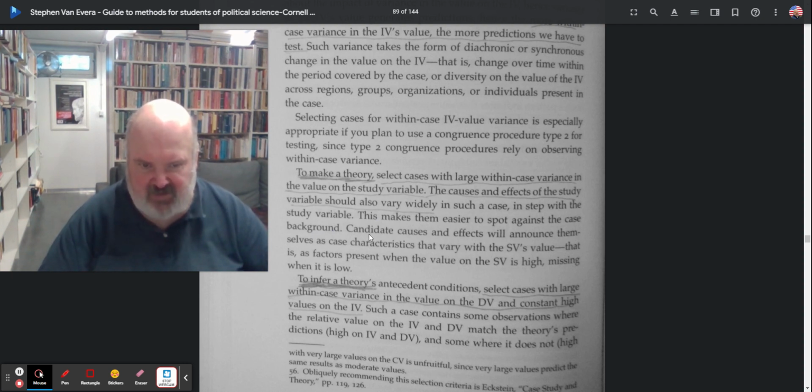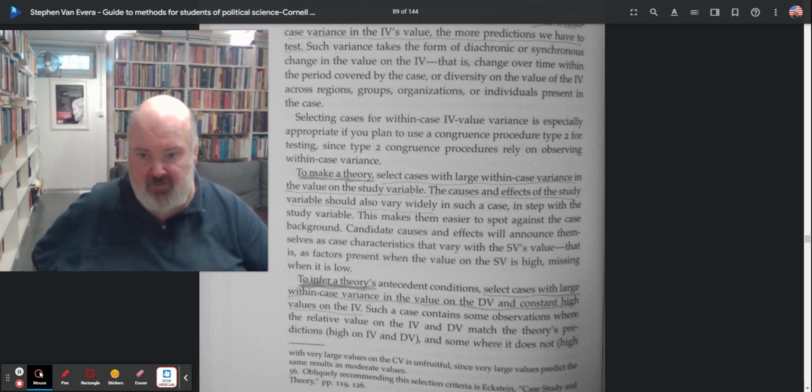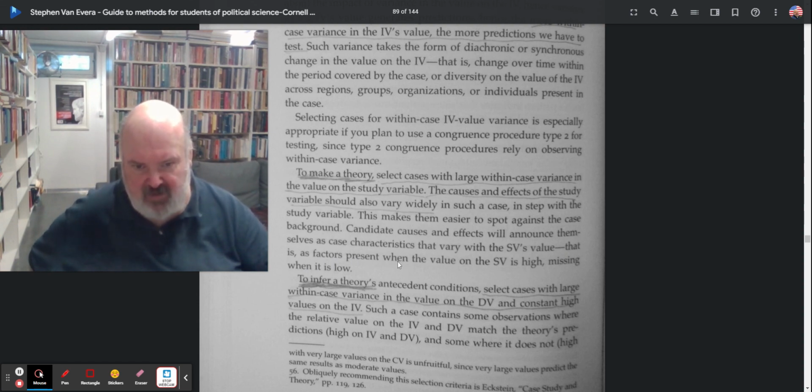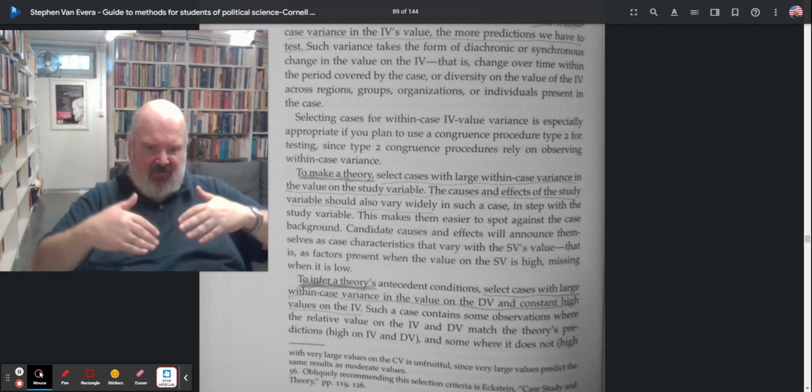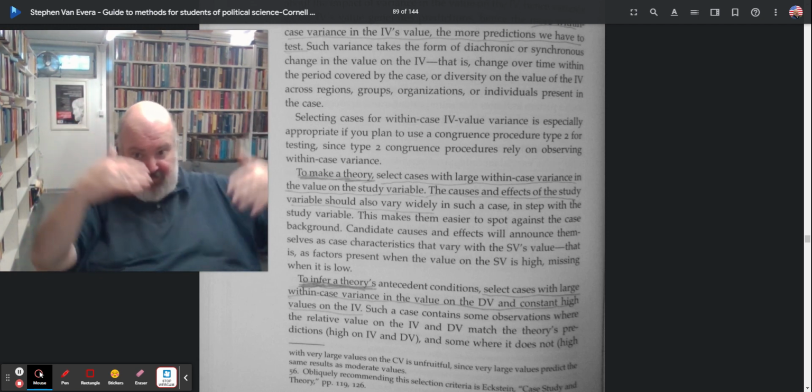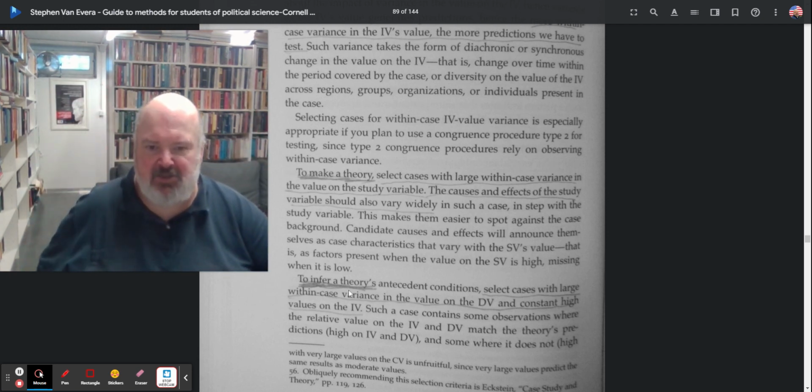Candidate causes and effects will announce themselves as the case characteristics that vary with the study variable's value. That is, the factor is present when the value of the study variable is high, and missing when it's low, right? So therefore, the variation of the study variable and the things in the background should reflect that.